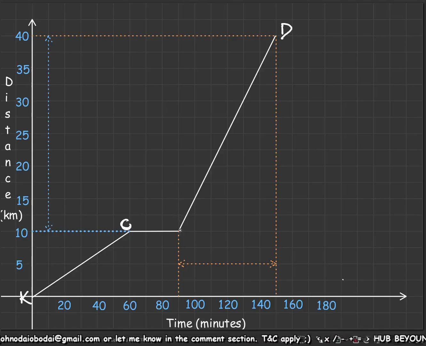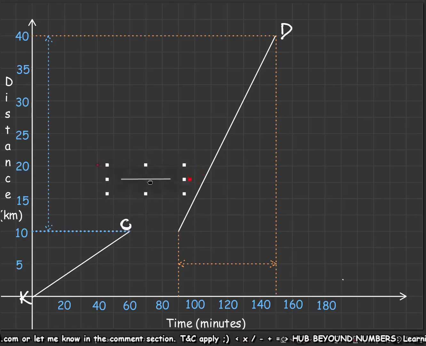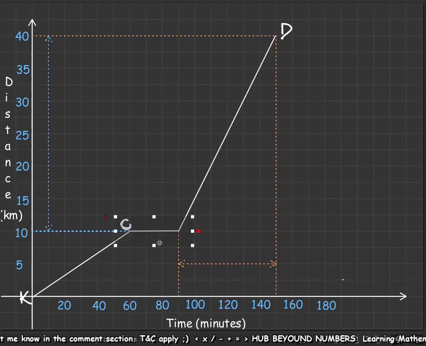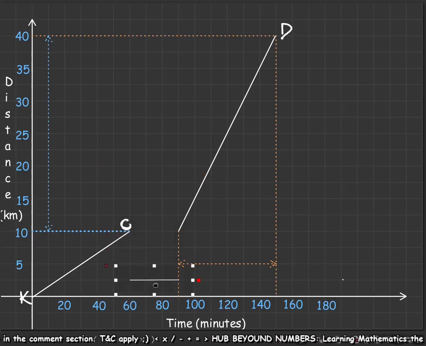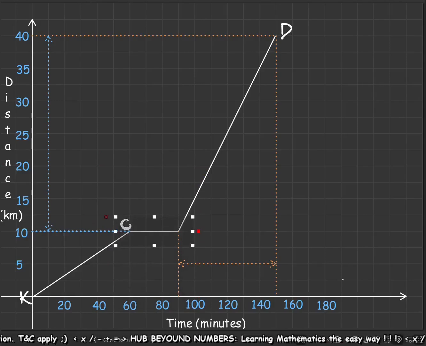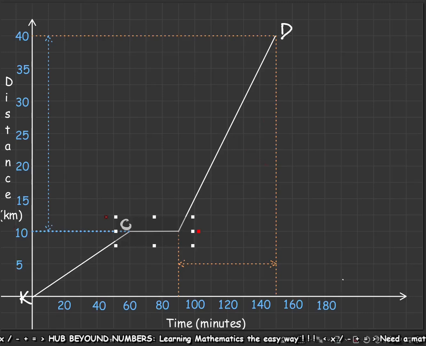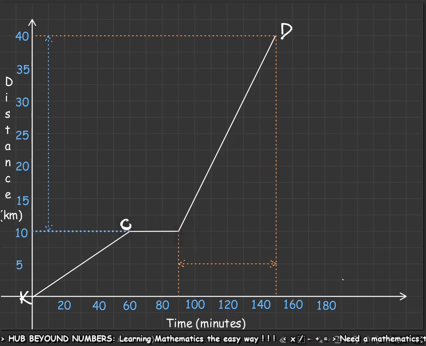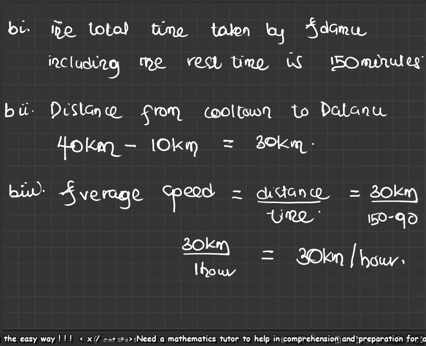So what it actually means is we are no more going to include this particular section. This one was what represented the rest, you see. And how many minutes did this represent? It represented what? 30 minutes. So he rested for 30 minutes. So for the total time he took, we want to take out that 30 minutes. Then we now use the time that will remain to solve for his average what? Speed.